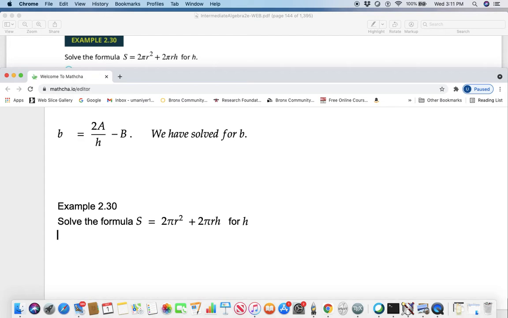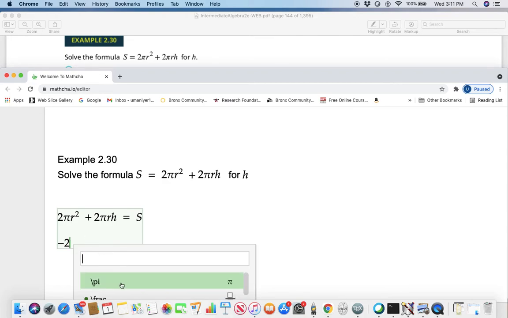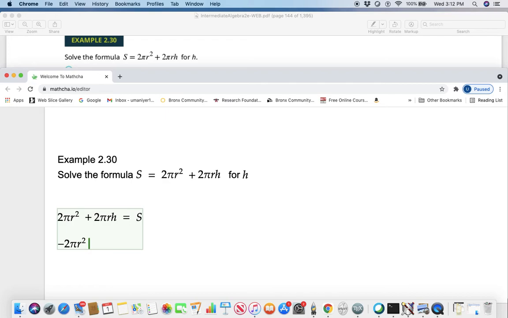As always, here is h on the right hand side, so I will put that on the left and set it equal to s. I have just flipped my equation left to right. So this is 2 pi r h. I want to keep this expression on the left and get rid of this: minus 2 pi r squared.